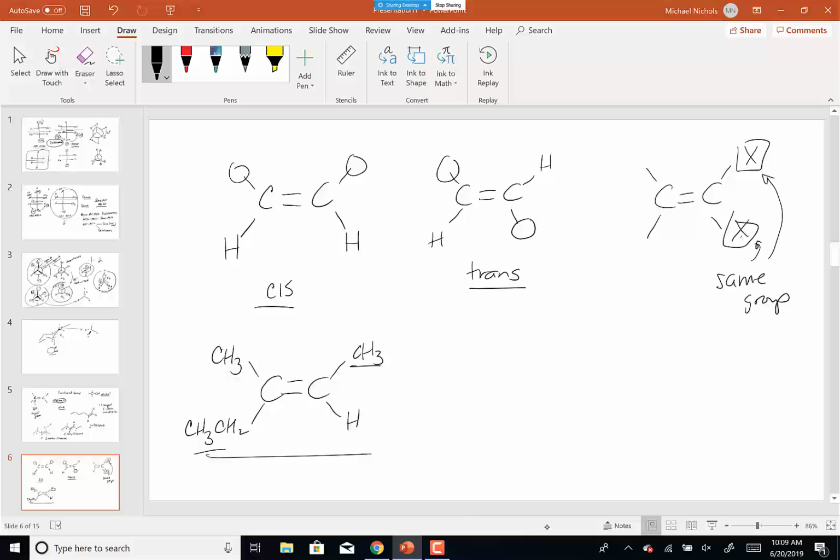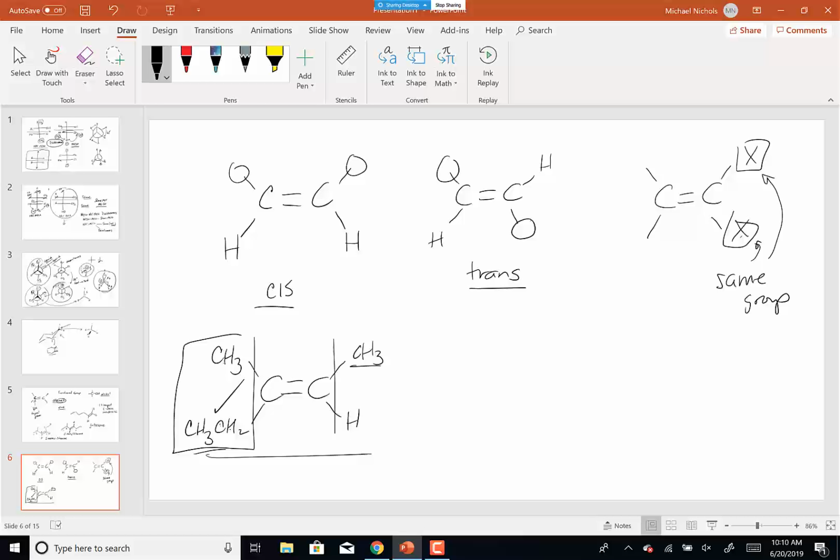So let's compare these two groups, and which one has the higher priority according to the Cahn-Ingold-Prelog rules? Ethyl. So again, I'm going to look at this carbon and say, carbon versus carbon tied, 3 hydrogens versus 2 hydrogens of a carbon, ethyl group wins.